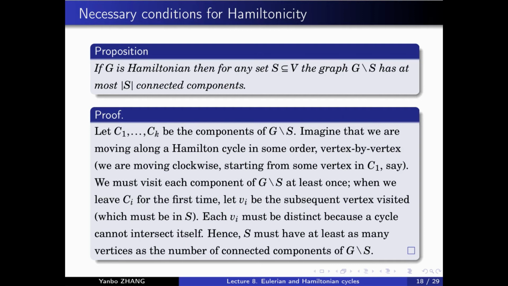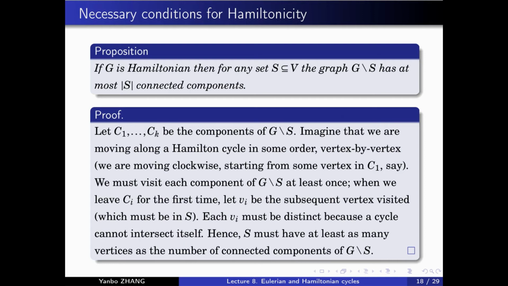Let C1, C2, up to Ck be the components of G minus S. Imagine that we are moving along a Hamilton cycle in some order, vertex by vertex. Let's say we are moving clockwise, starting from some vertex in C1. We must visit each component of G minus S at least once.